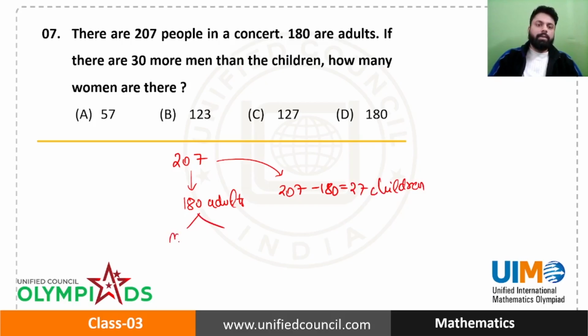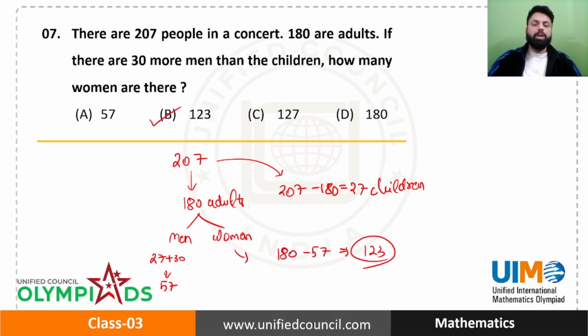Out of adults, there are men and women. If there are 30 more men than children, the number of men is 27 plus 30, that is equal to 57. So the number of women will be equal to 180 minus 57, that is equal to 123. B option is the correct answer.